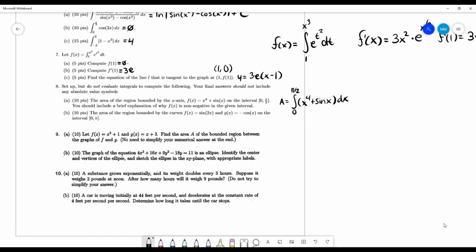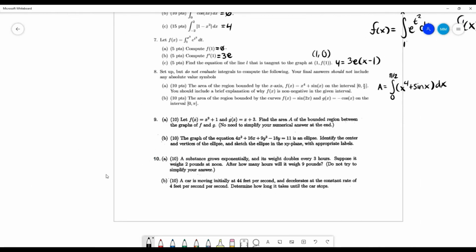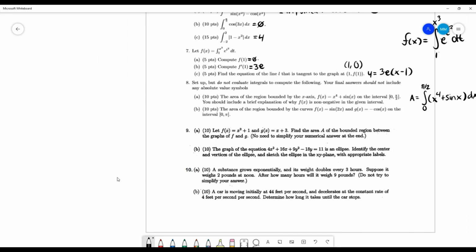Okay. The next one is trickier. It is the area of the region bounded by two curves. So f of x equals sine of 2x, and g of x equals negative cosine of x on the interval 0 to pi. Of course we want to check for any intersection points, which is the difficult part with this one, and I really don't know how to explain how to find it.